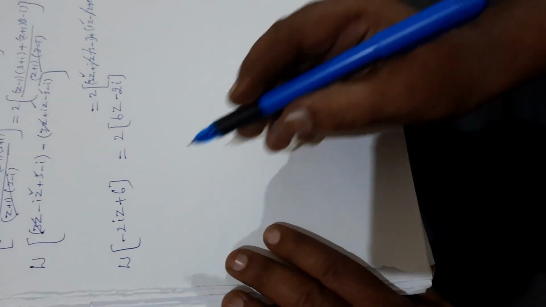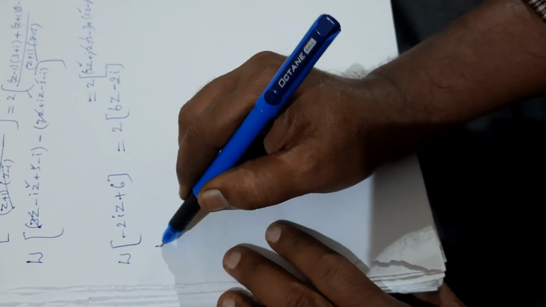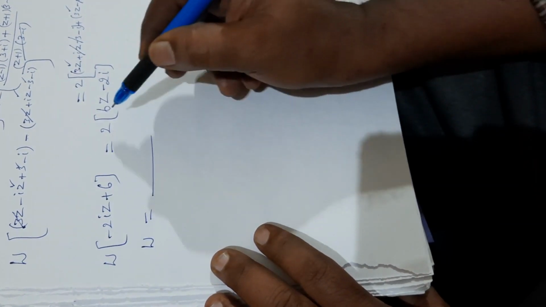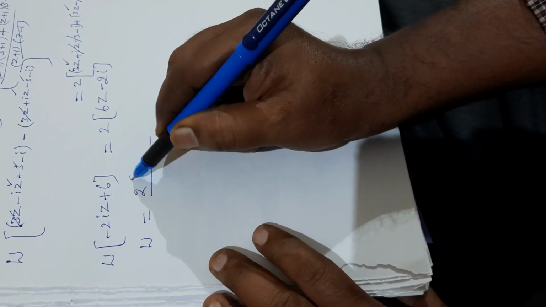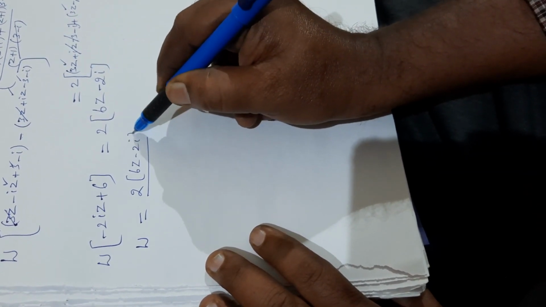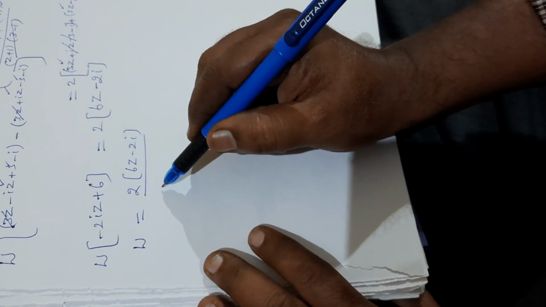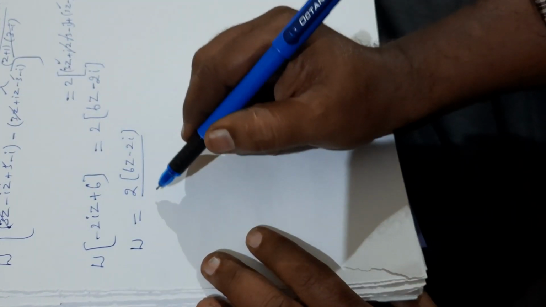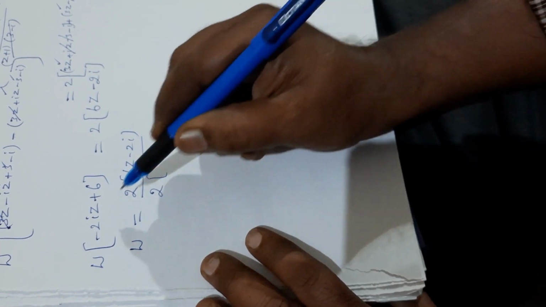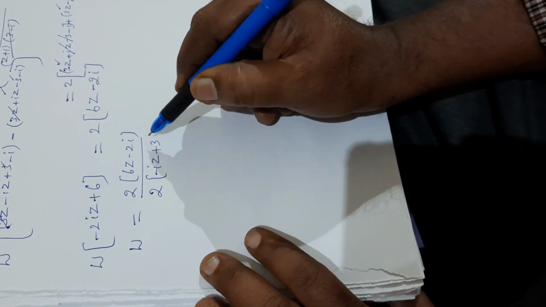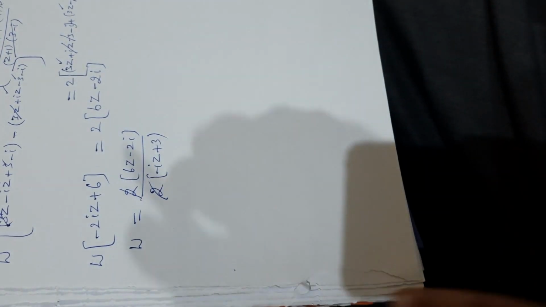This is the next, W equals 6z minus 2I, right? Here you take 2 as common, no problem, right? 2 times minus iz plus 3, yes, this 2 gets cancelled.